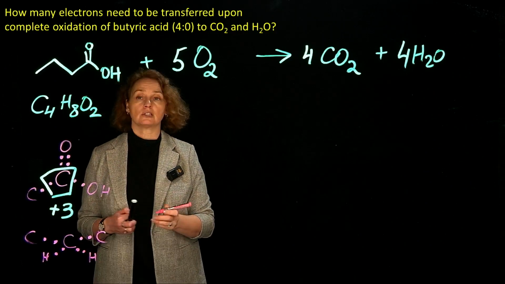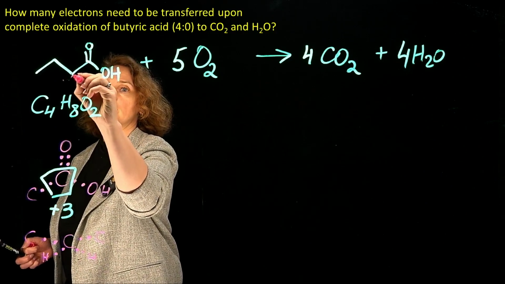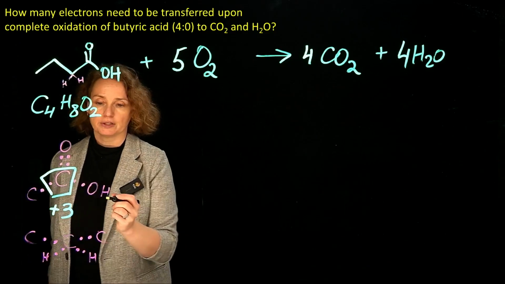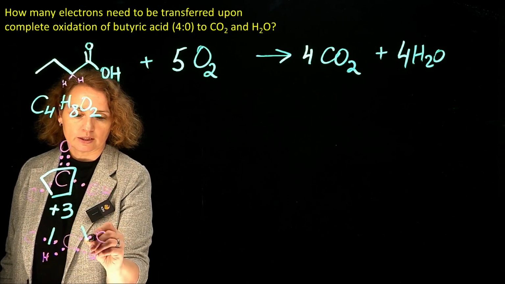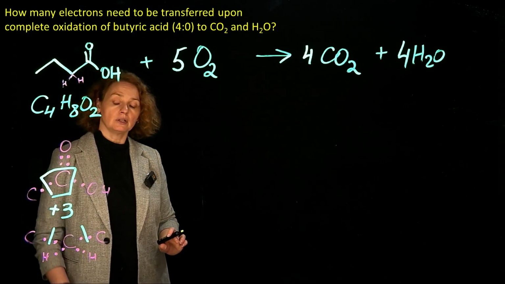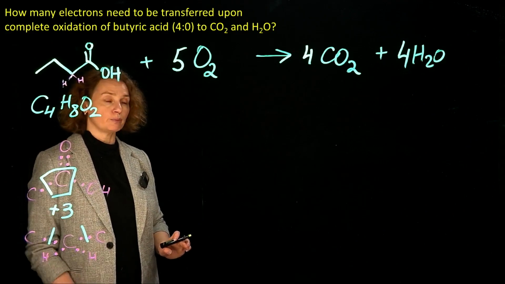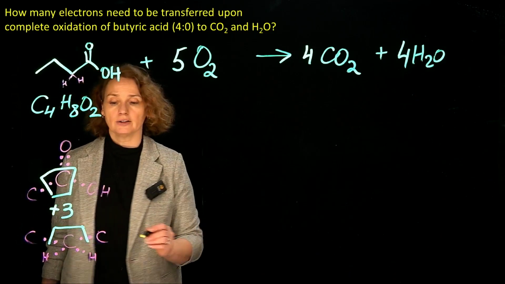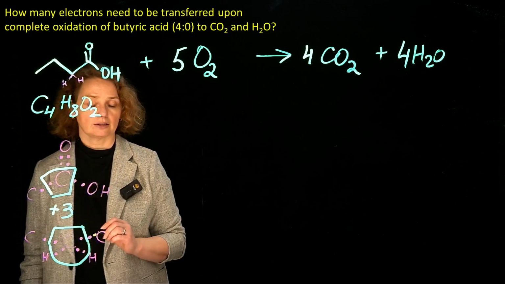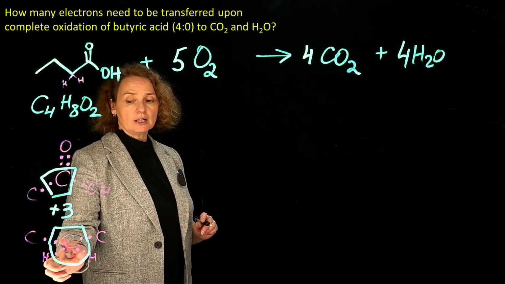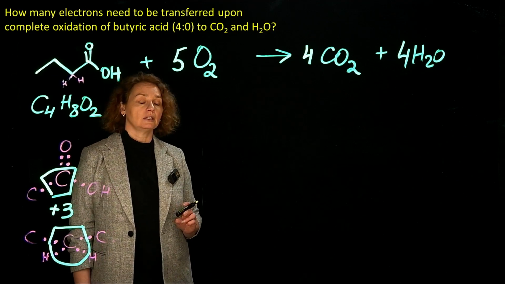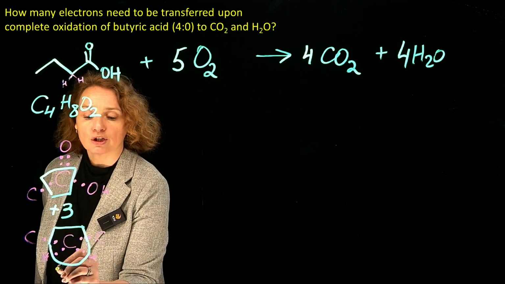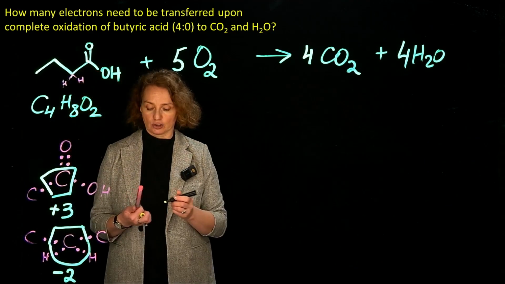Which are not explicitly shown here, but we know that each carbon should form 4 bonds, correct? If we do the same thing as in the first example, we assign the carbon 1 electron from each carbon-carbon bond, and from each bond with the less electronegative hydrogen, carbon claims both electrons. As a result, this carbon claims 6 electrons, but it requires only 4 as the number of valence electrons. So we know that this carbon is more reduced, right?